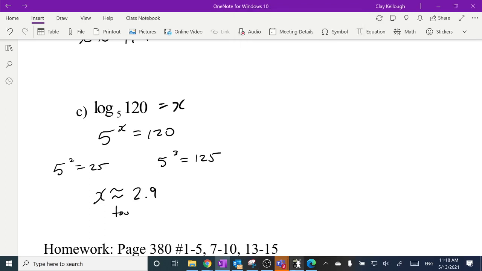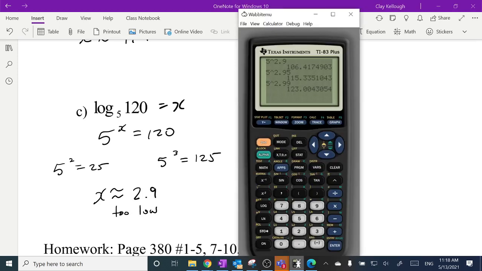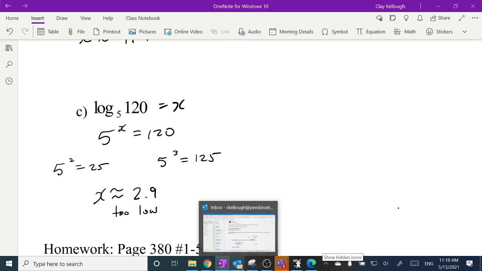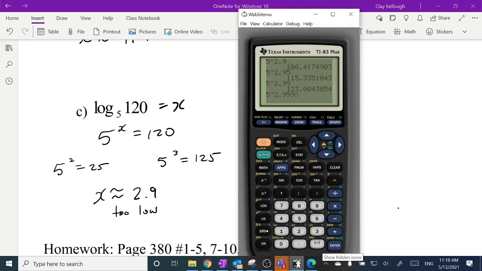This is too low. Let's see, what else could we have? How about 5 to the power of 2.999? Even then, I'm not quite there.